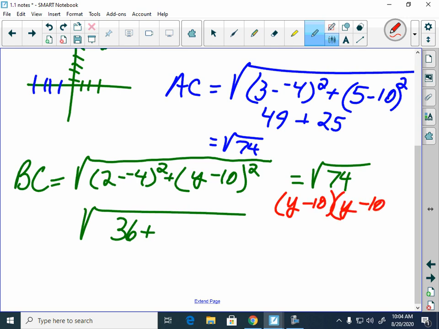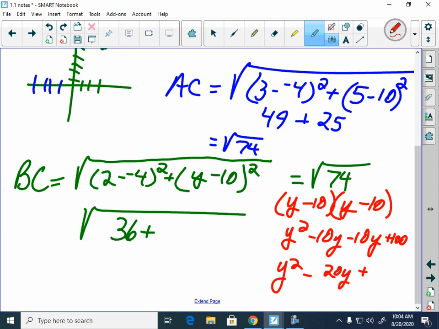First, outer, inner, last. Yikes. That's going to go right here.